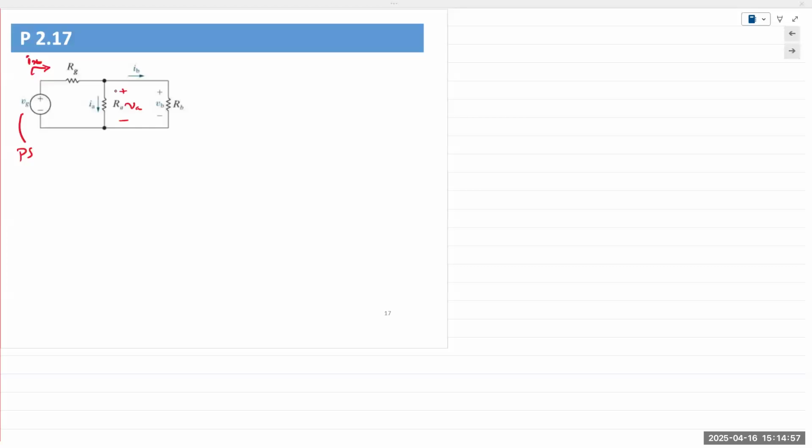So we have an equation right here. Now, obviously, these two are in parallel. So if you are in parallel, you have the exact same voltage. As a reminder, when you have components in parallel, it does not mean that the voltage remains constant.